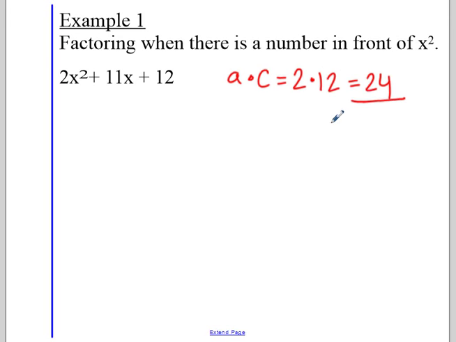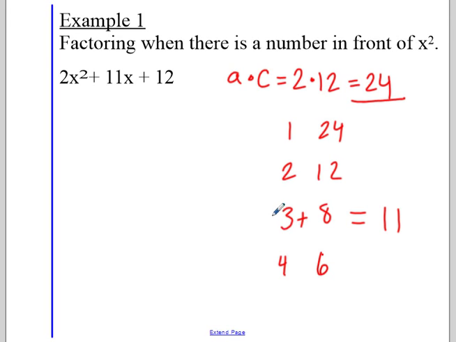I need to be thinking about the factors of 24. Of course, we have 1 and 24. We have 2 and 12. We have 3 and 8. And we have 4 and 6. Which one of these sets, when added or subtracted, gives me the 11? That's going to be the 3 and the 8.